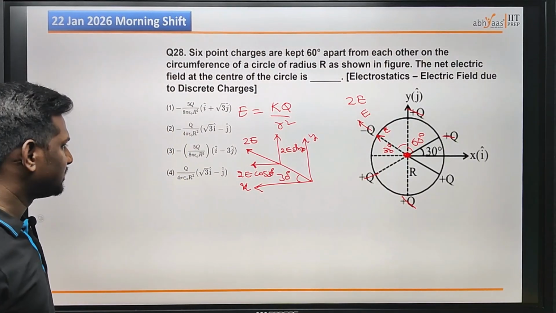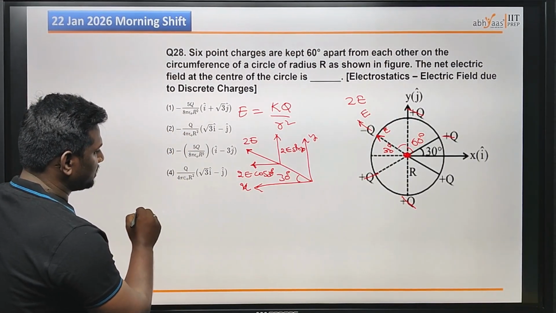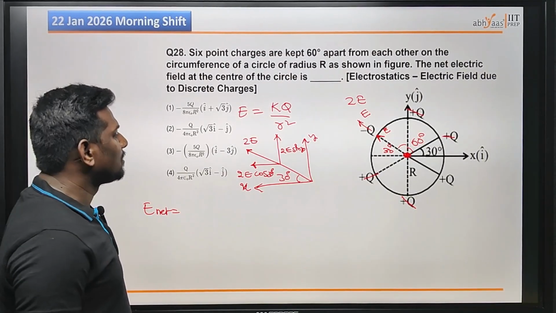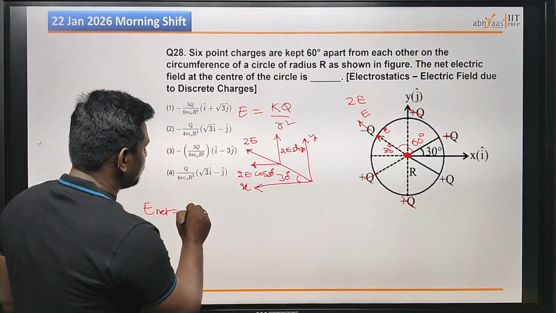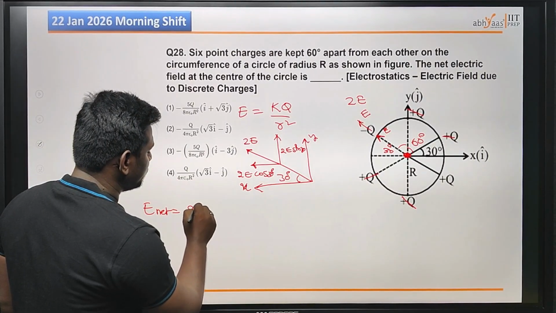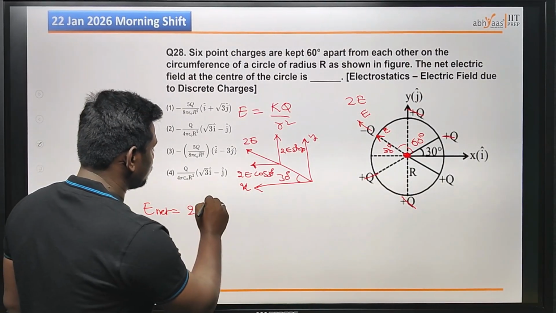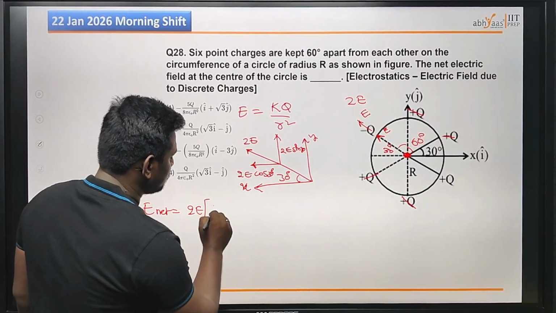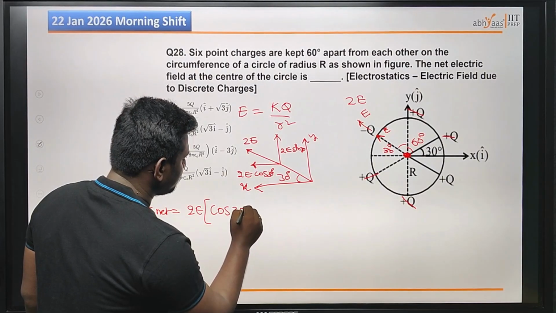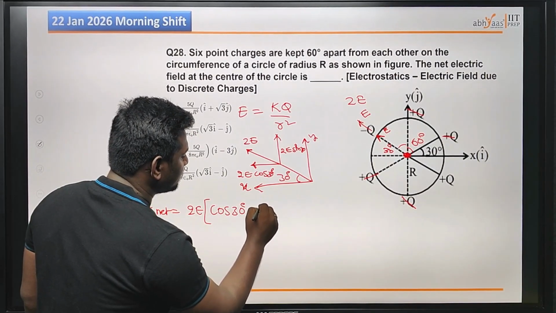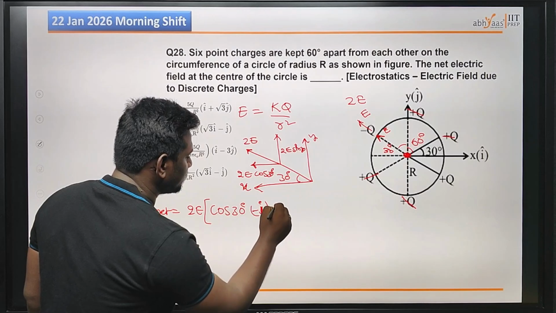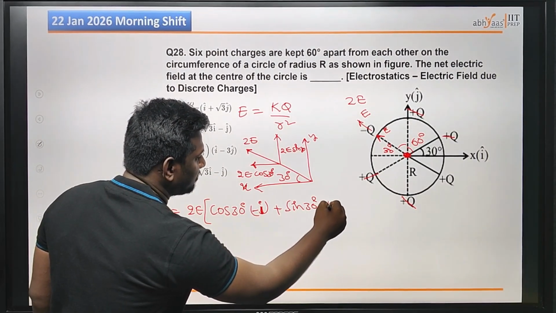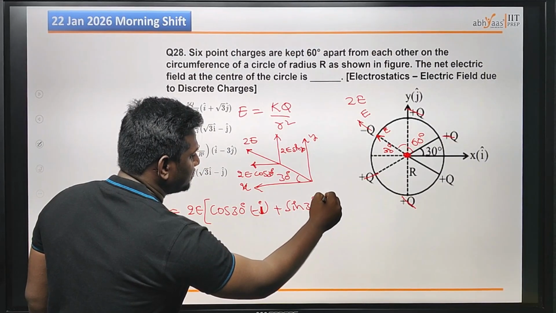So what is the net field? Simply you can write E net as E into 1 by 2 cos 30 degrees minus i cap plus sine 30 degrees, that is plus j cap.